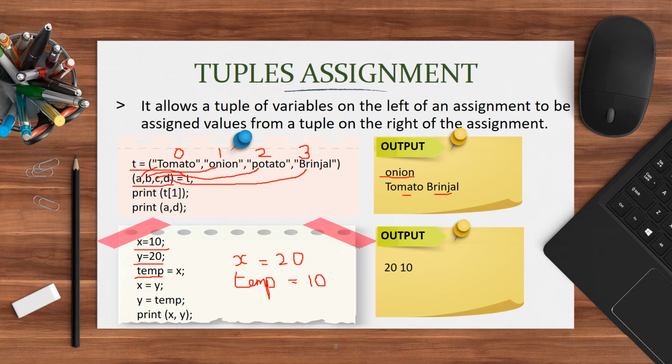Then y is equal to temp means whatever value is in temp is assigned to y. The temp value is 10, so now the y value is 10. So what will be the output when you print x and y? x will be 20 and y will be 10. This is how we swap variables using tuple assignment.